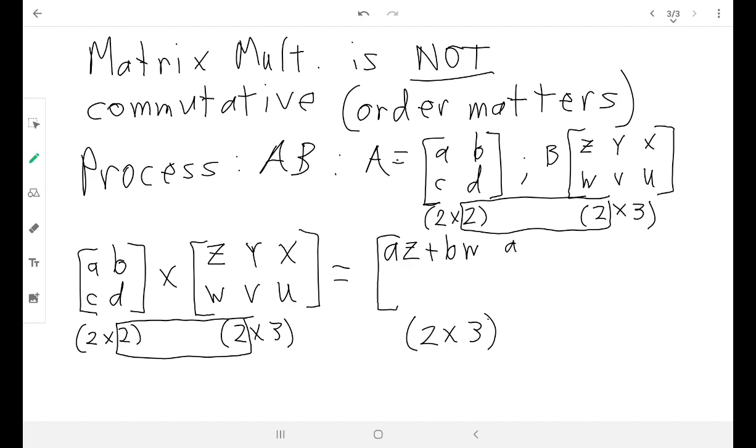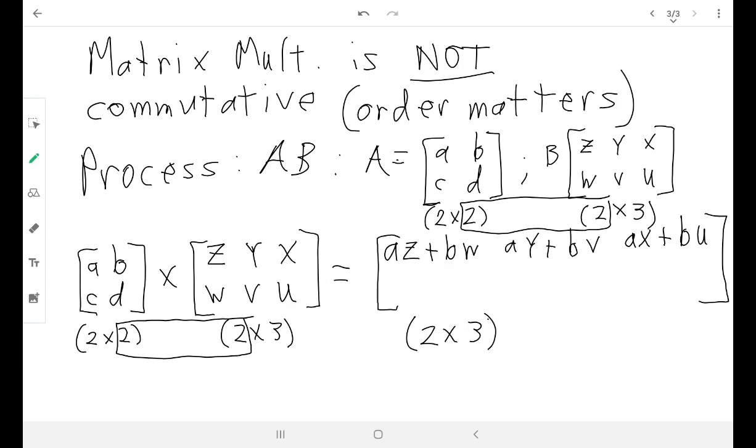So it's going to be A times Y plus B times V. And then finally, that first row times the third column is going to give us the third element of the first row. So A times X plus B times U.